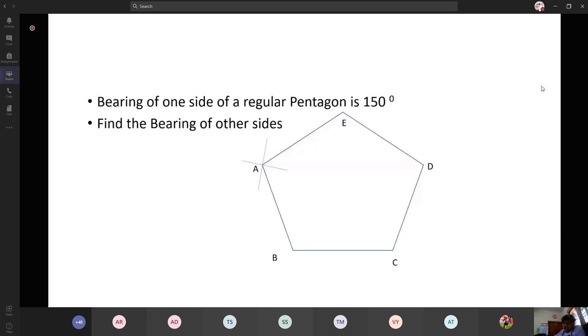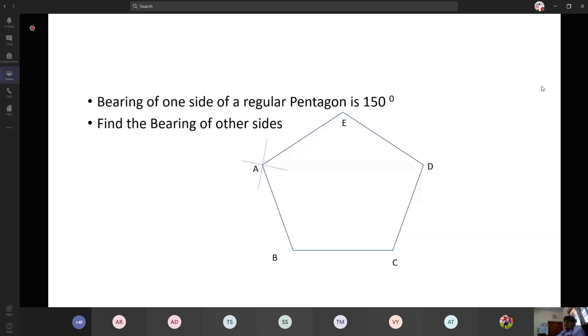Is it okay? Right. What is the bearing of DC? 186 degrees. The bearing of DC is 186 degrees. CDE is 108, is it not?